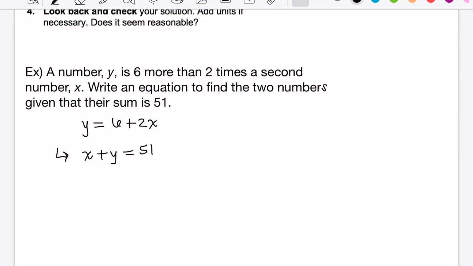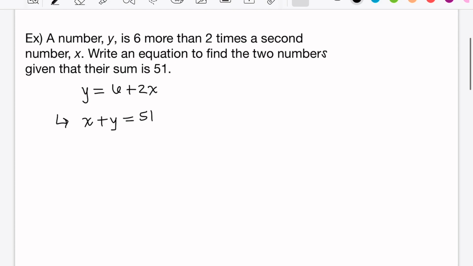Using this information, we'll rewrite one of these equations in terms of the other variable. If I plug y into this equation here, we know that y is equal to 6 plus 2x.